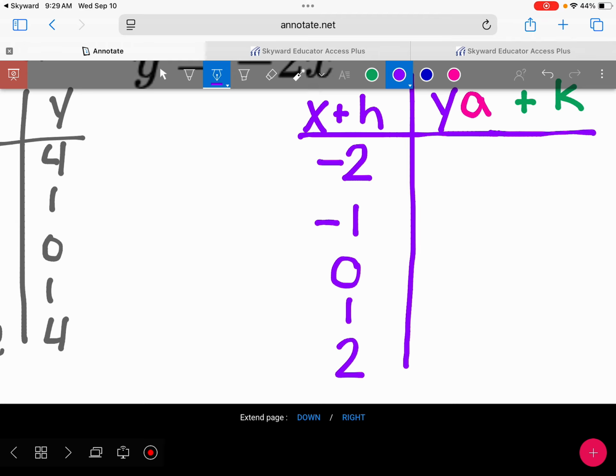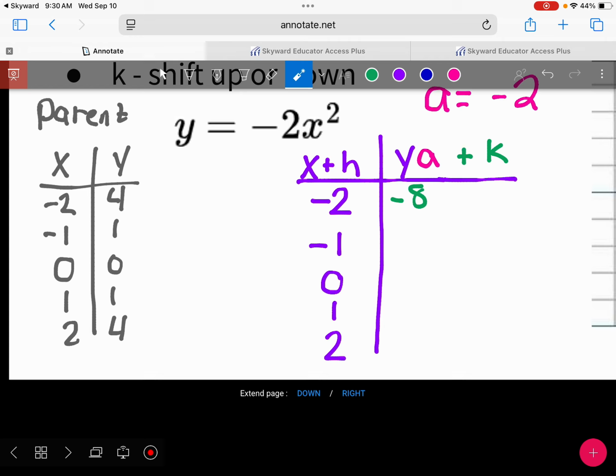What we're going to do is we're going to take our y's times our a. So I'm going to take my 4 times negative 2. Negative 8. And we're going to then take our 1 times that negative 2. 1 times negative 2 is just negative 2.